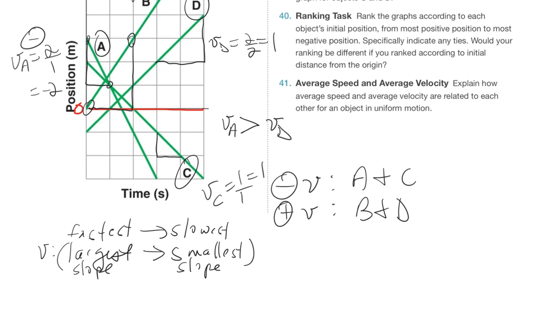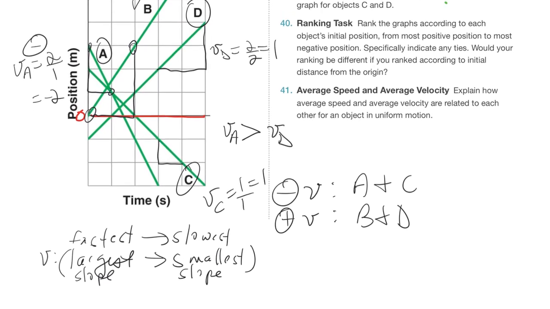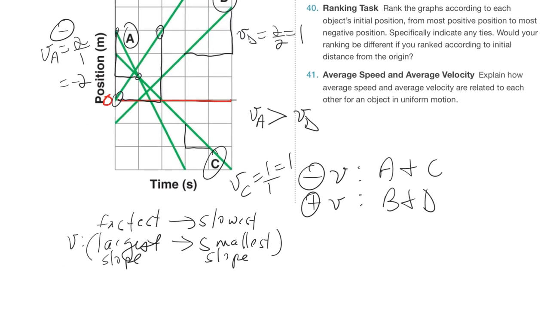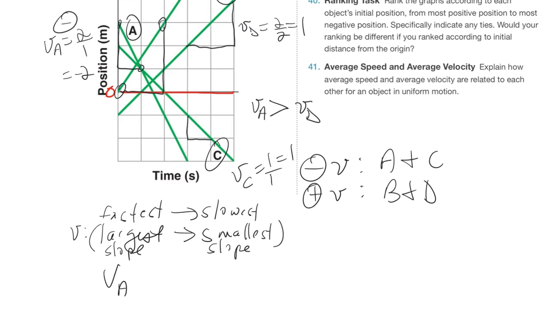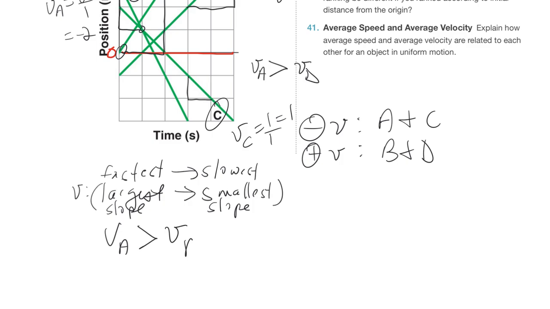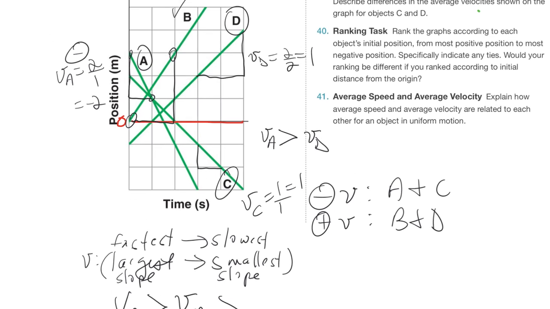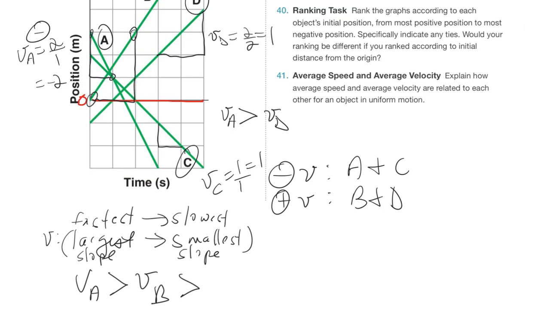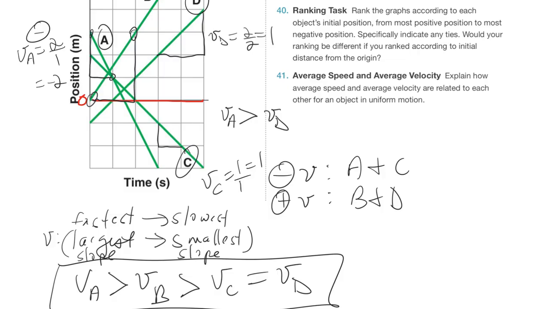Okay, so fastest one would be, we have 2, so VA. And then we got 1.5 over here with B. And then we got a tie between C and D. Okay, so that's how I show it when you have a ranking problem.